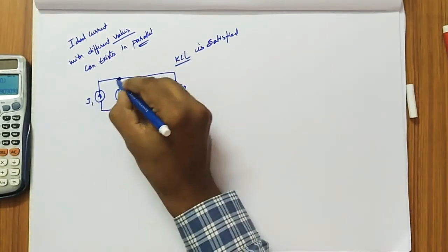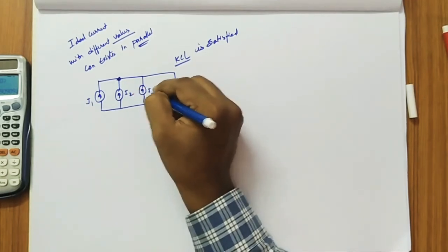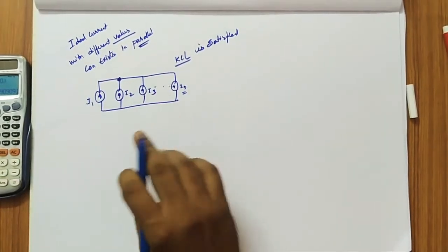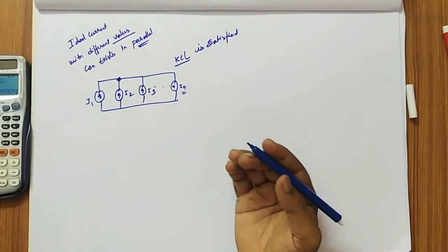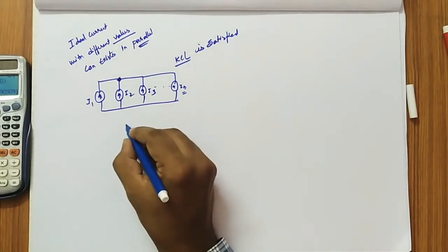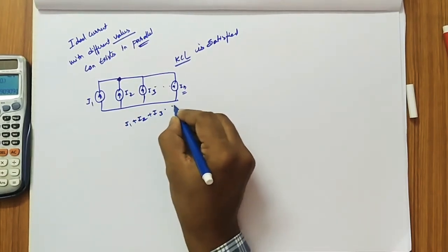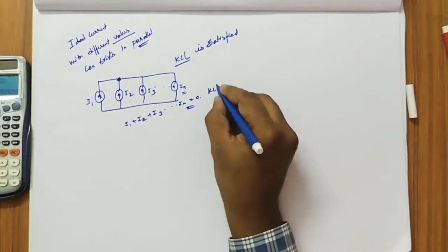I1 is entering, I2 is entering, I3, I4, up to IN are entering, so the algebraic sum of currents entering the node equals 0. So I1 plus I2 plus I3 and so on up to IN equals 0. So KCL is satisfied.